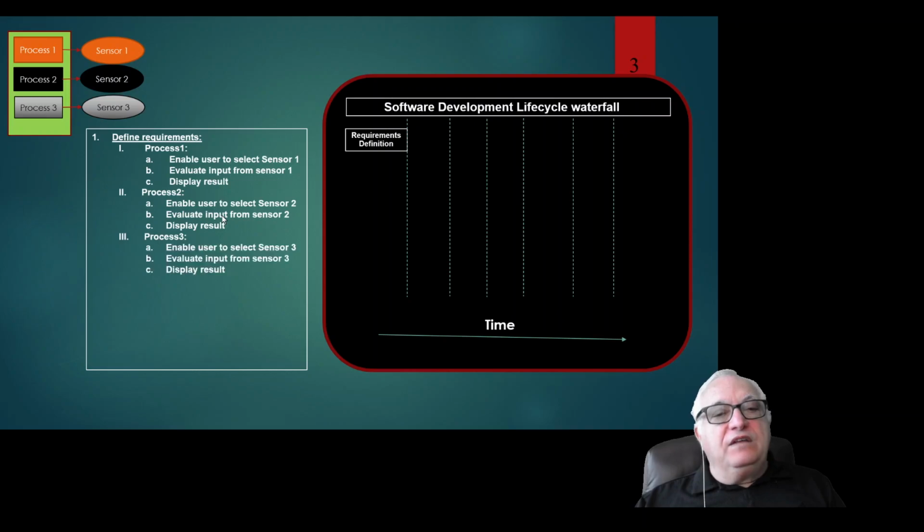And finally we will have a requirement for process 3, which is the same as before, but all related to sensor 3. So once we're done with requirements and the requirements are set in stone, then we do the software design.